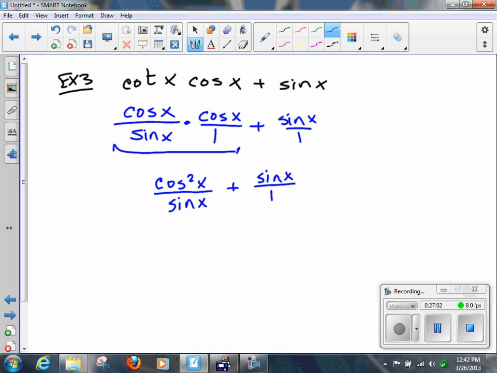Well, now I'm just adding fractions. You with me so far? What do I do? Common denominator. What's my denominator going to be? Sine x. The first one does not change.